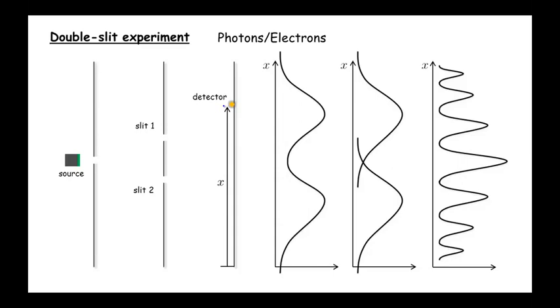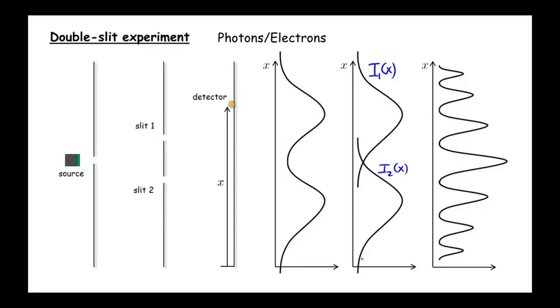Given that they are like discrete particles or bullets, what kind of behavior would we expect? Well, if we open only slit 1, the intensity as a function of X looks like this. If you open only slit 2, the probability that we see an electron looks like this.